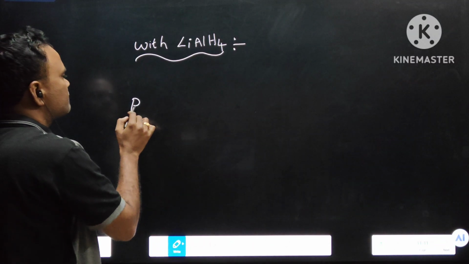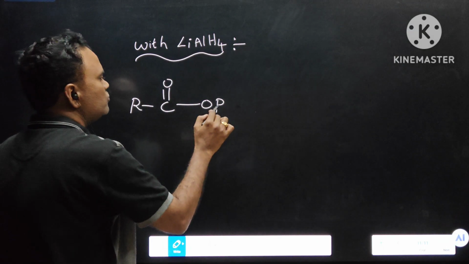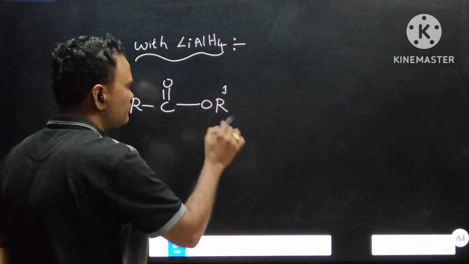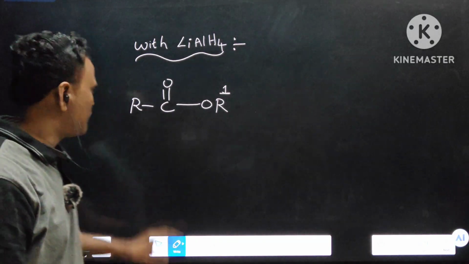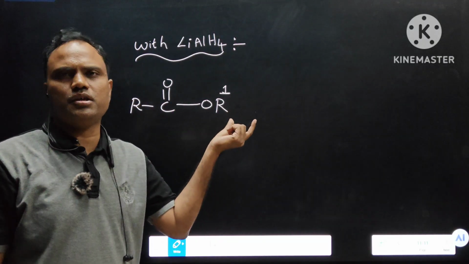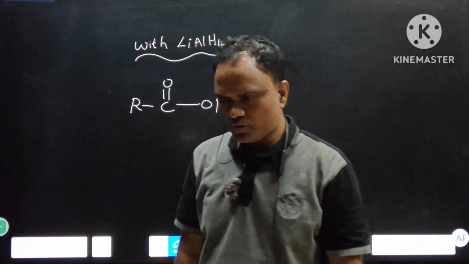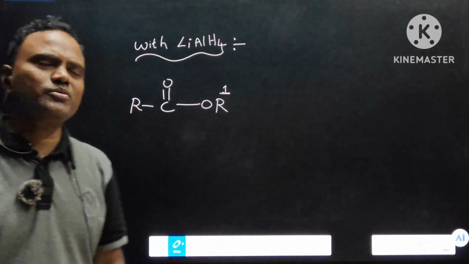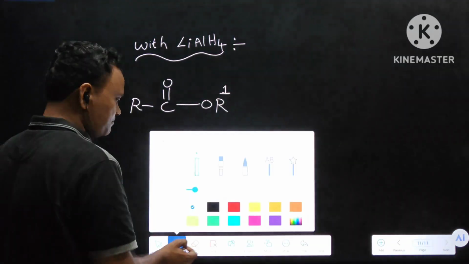What is an ester? R C double bond O, O R. Here you can take R or R dash. This R may be same or may not be same. Sometimes both are same, sometimes both are different. Here also I'll give you one shortcut trick to write the product.